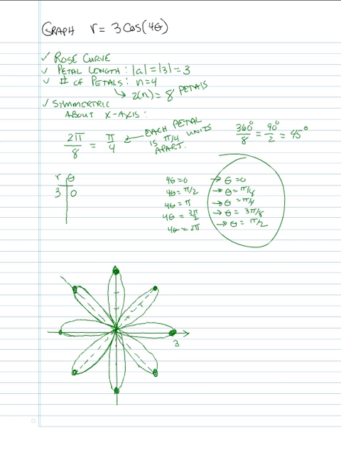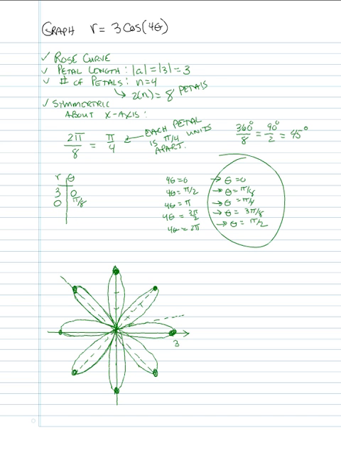Remember what I said a while ago, that if our n value is even, then it takes theta from 0 to 2 pi to complete the entire graph. So if we actually had a theta of pi over 8, which is right along here, then we would be taking the cosine of pi over 2, which is 0, so we'd get an r of 0.